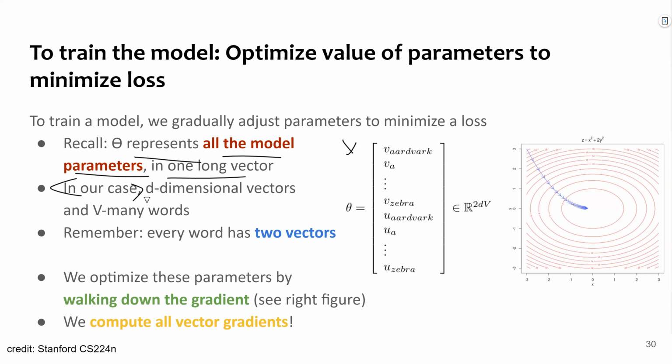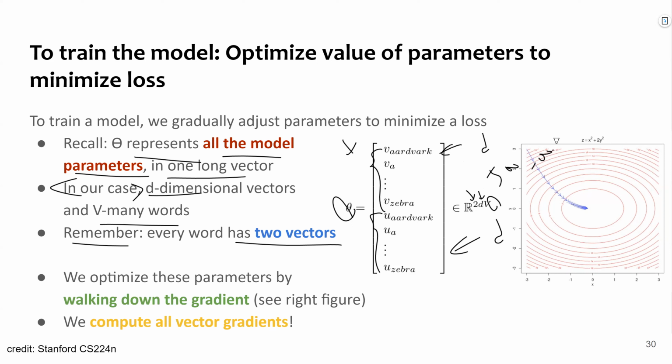In our case, let's say our word vectors are d-dimensional and we have V many words. Remember, every word has two vectors. Therefore, our parameters are all the v's for center words and all the u's for context words. Because each vector has a dimension of d, and we have two sets of these vectors, we have 2, d, and V number of words, 500,000 words.